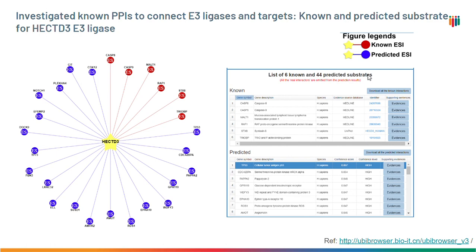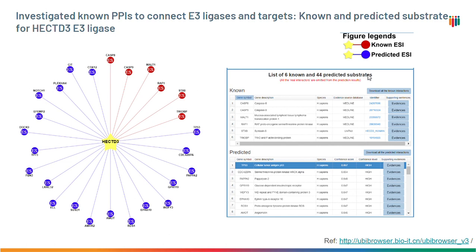UbiBrowser is using a database-based approach. They use manual curation, protein GO annotation, protein domain, and a couple of other things like network topology to predict the substrate for the E3 ligase, and it also provides the confidence score and a couple of pieces of evidence supporting the protein-protein interaction between the E3 ligase and the substrate.